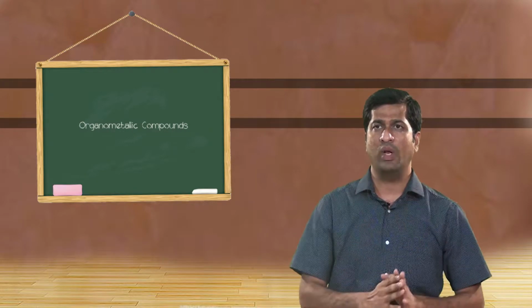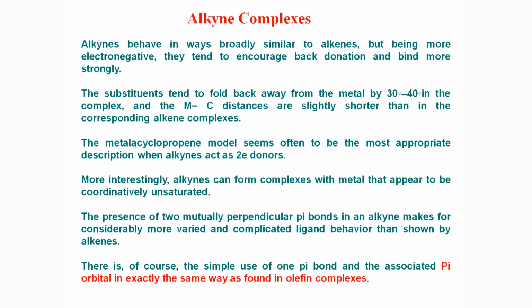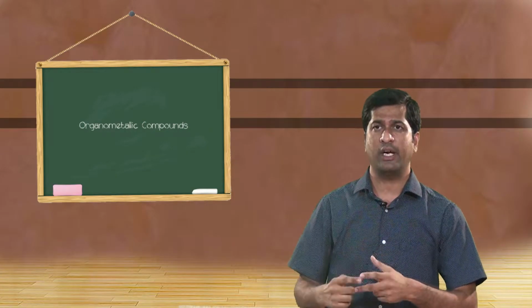Now, similar to olefin complexes, alkynes also form complexes with metals. In this case, alkynes are more electronegative than olefins. The only difference between olefin and alkyne is that the electron density received by the alkyne is more compared to the olefin. In this case, there are two pi bonds.